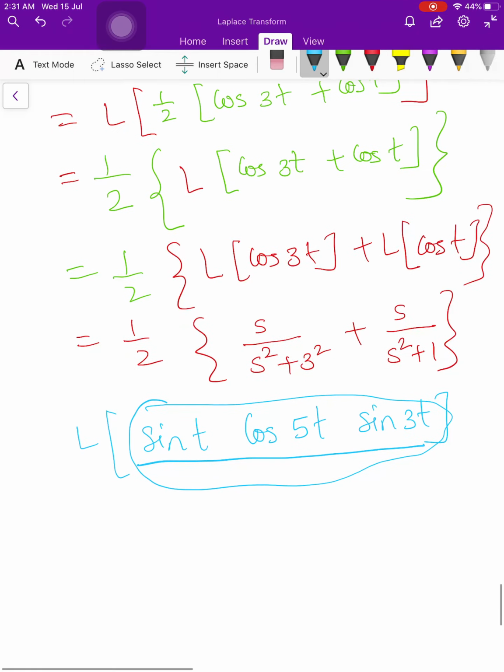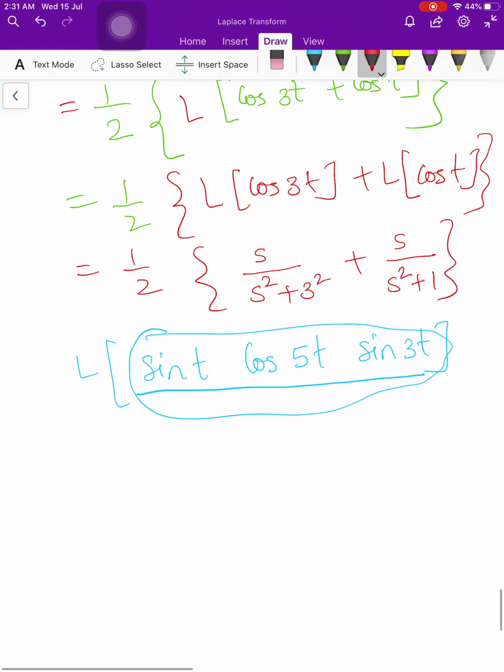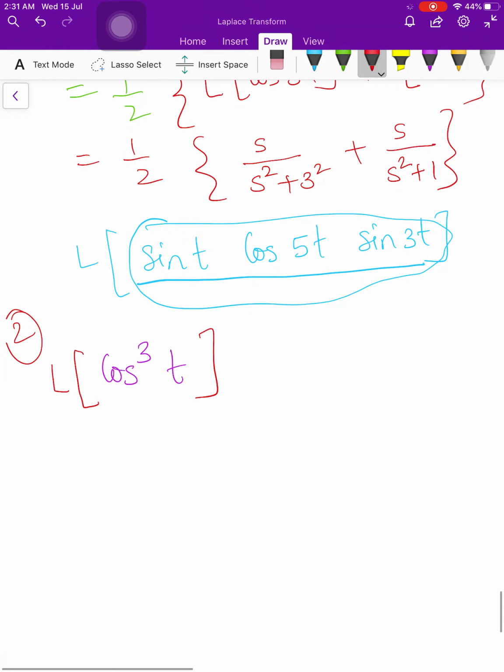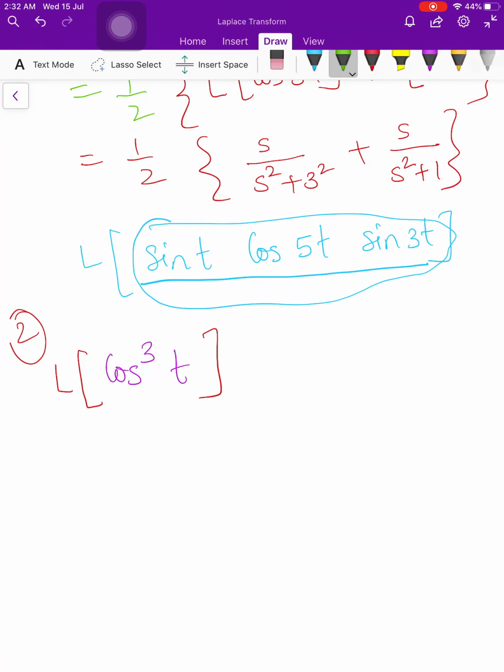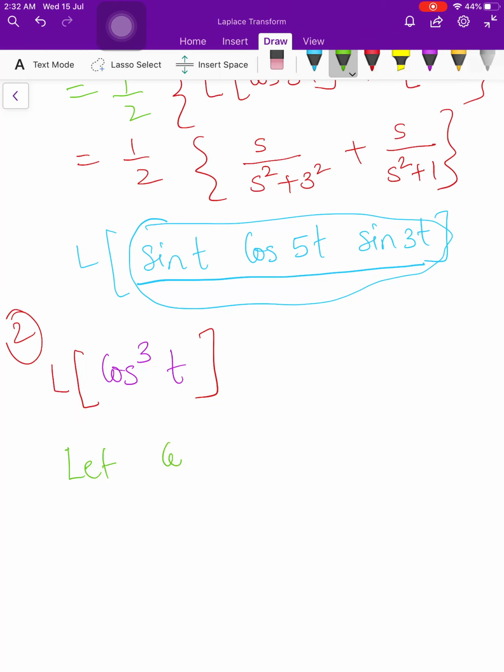Now similarly, there is a situation where one needs to find the Laplace of, say, cos cube t. How will you find cos cube t? This is the second example I am taking: Laplace of cos cube t. You have to consider this cos cube of t and write it in terms of multiples of angles.